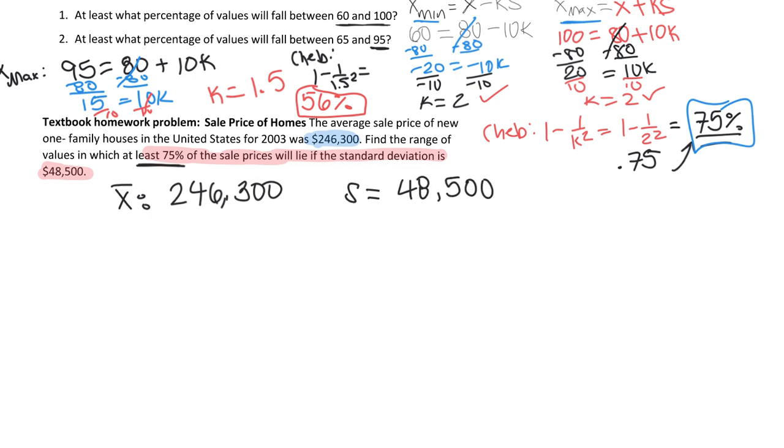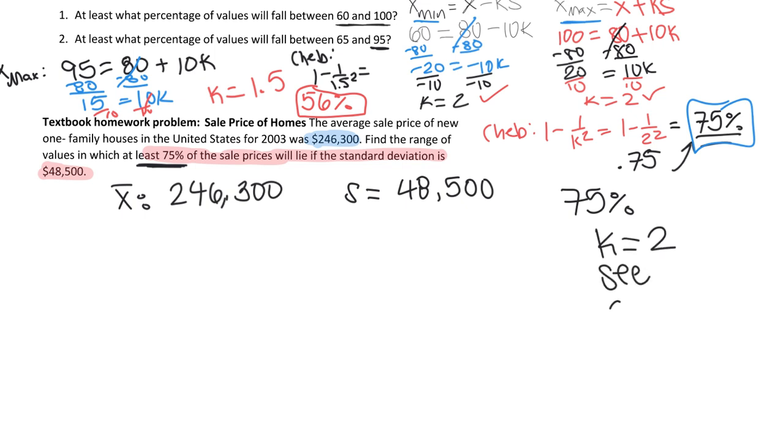Since we have this 75%, I want you to type into the chat if you know what I'm going to use for k, because we see this over and over again. 75% is very popular. Okay, good. You guys are getting it. We're going to use 2. So k is equal to 2.